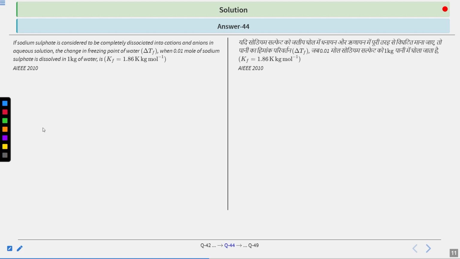And what is this change? If you are adding 0.01 mole of sodium sulfate in 1 kg of water, you have to calculate that change. Your number of moles is given, mass of water is given, and Kf value for water is also given, which is 1.86 Kelvin kg per mole. So the correct answer will be B.